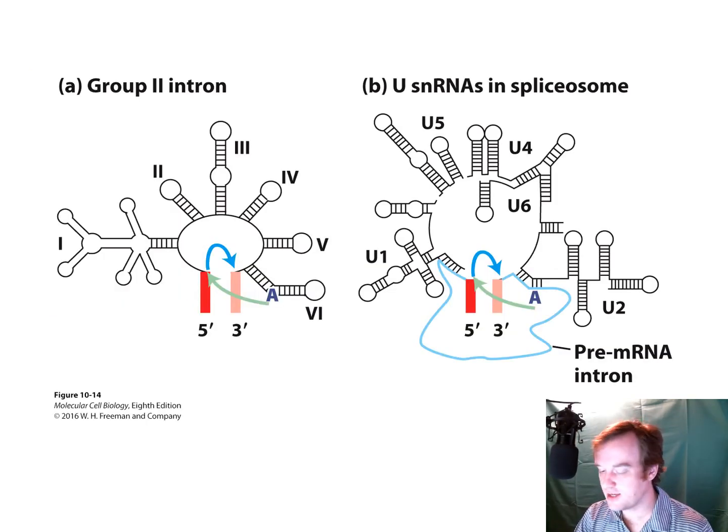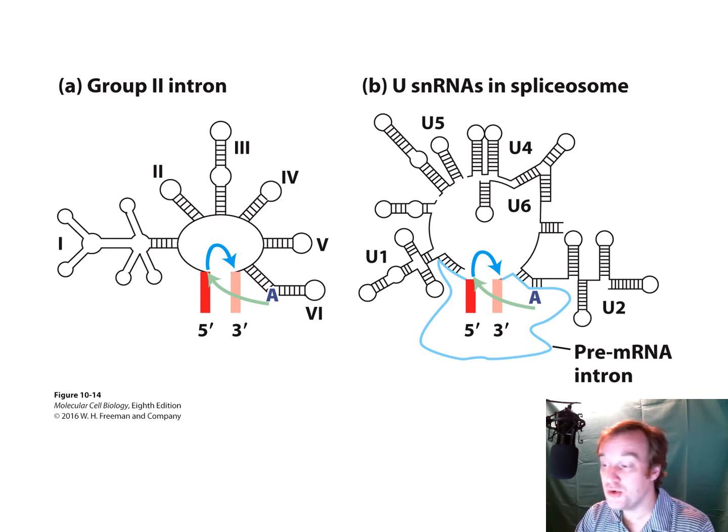So as with anything in biology, there's always exceptions to the rule. And so there is a class of introns that are self-splicing, that don't need the spliceosome to be removed. And so there are 2 types of these self-splicing introns. There are group 1 introns that are in actual nuclear genes, so in the genome of protozoans.